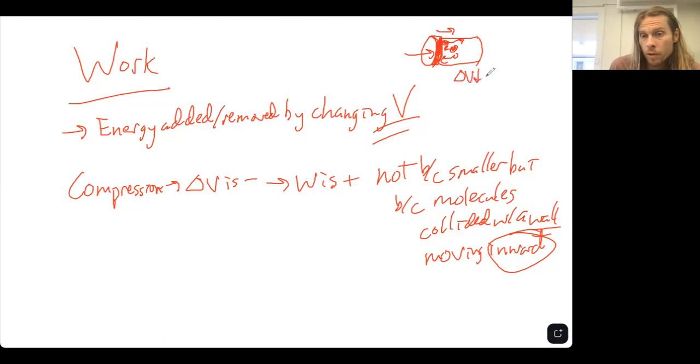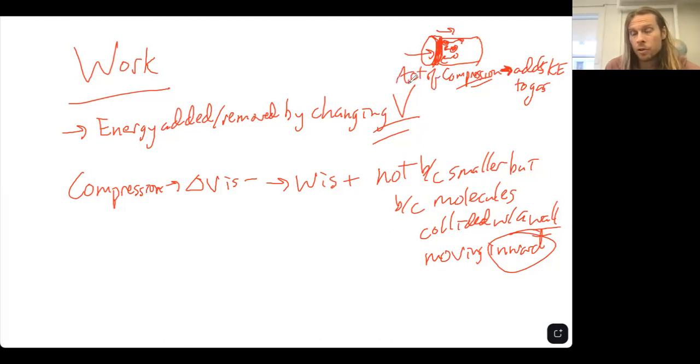So when V gets smaller, when delta V is negative, the act of compression adds KE to gas. It's the act of compression, not the fact that it's smaller.